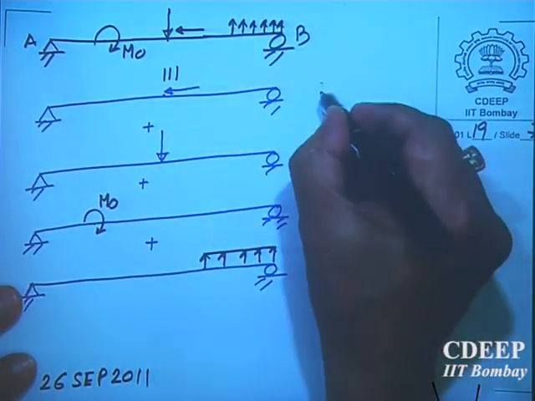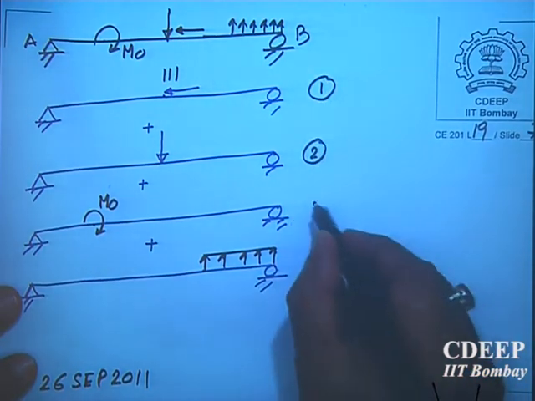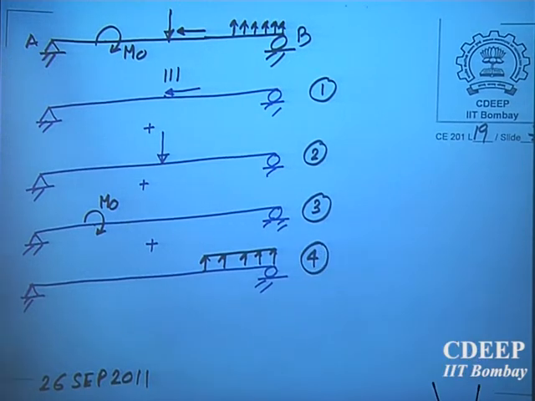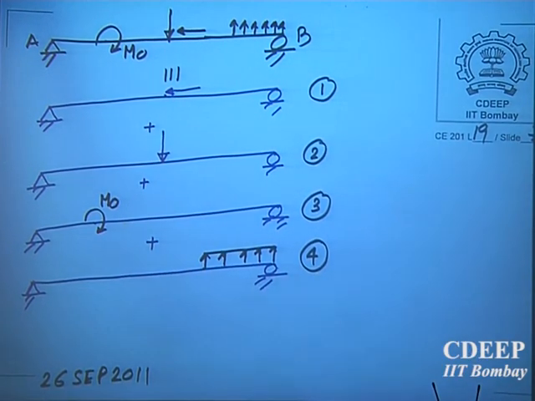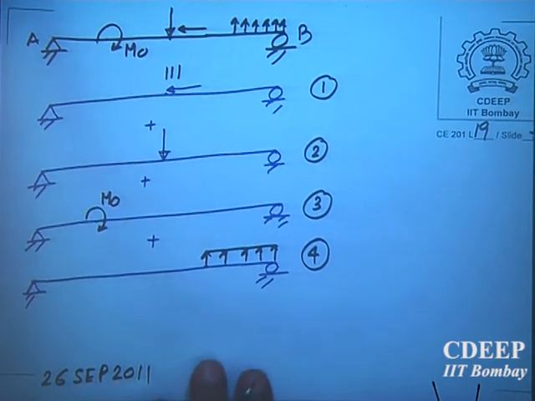So this is a combination of 1 plus 2 plus 3 plus 4. Try to solve these 4 problems separately, and you have a standard, because then you cannot make mistakes.